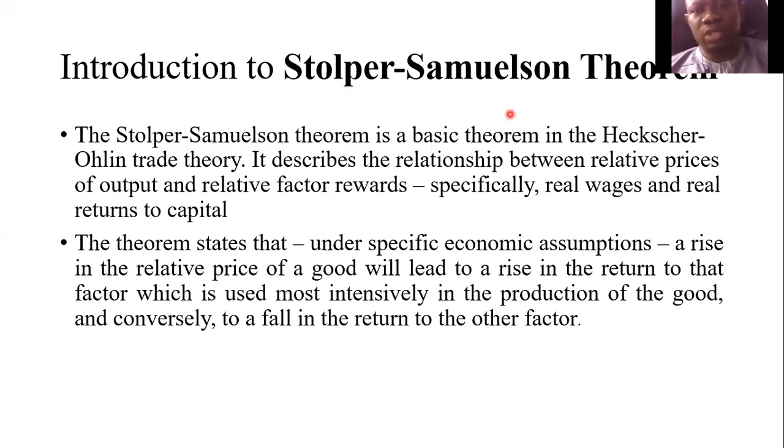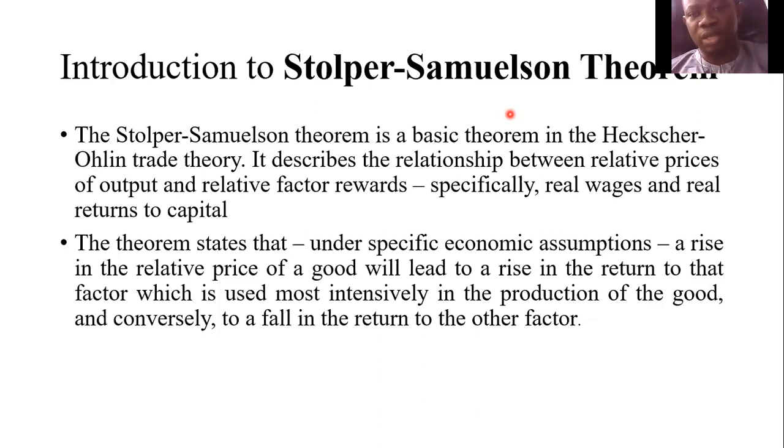Samuelson's basic theorem describes the relationship between the relative price of outputs and relative factor rewards, specifically real wages and returns on capital. What this theory is telling us is that if there is a change in the relative price of commodities, let's take two commodities for instance, car, that's automobile, and cocoa.